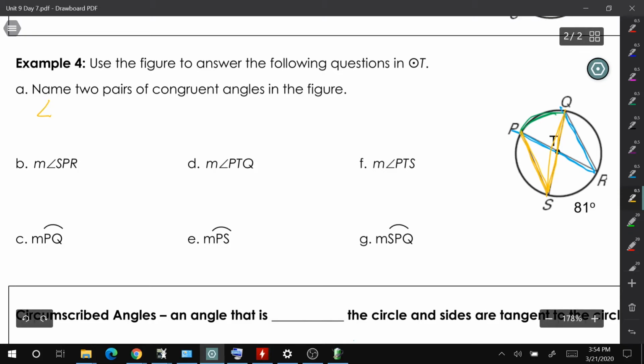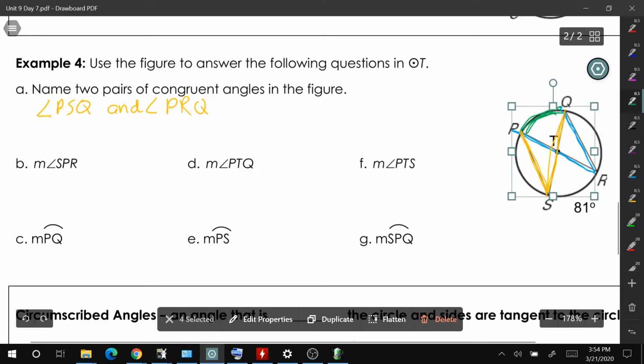So we have angle PSQ and angle PRQ. Those two angles form the same arc, so they're congruent.